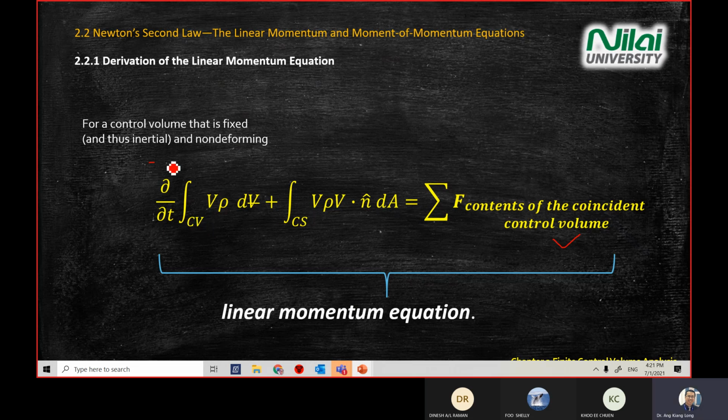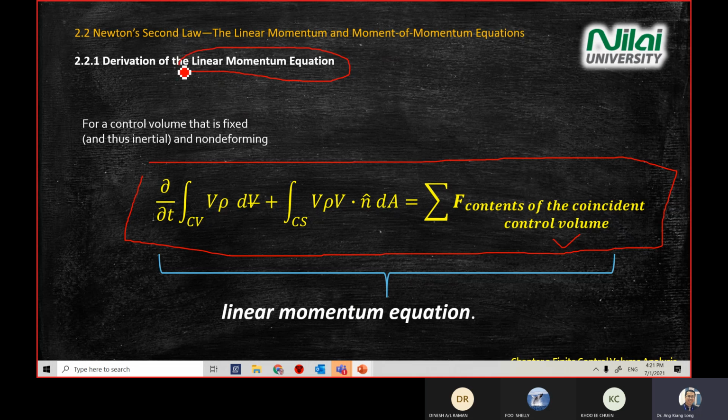Okay, so just a short conclusion for this equation: when you are told to use the linear momentum equation, write this equation in your answer sheet, you will get 1 to 2 marks. All right, 1 to 2 marks just to write out this equation to show that you understand what is the linear momentum equation. Okay, yeah.